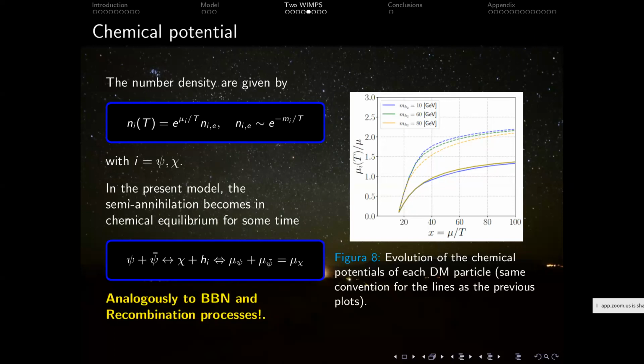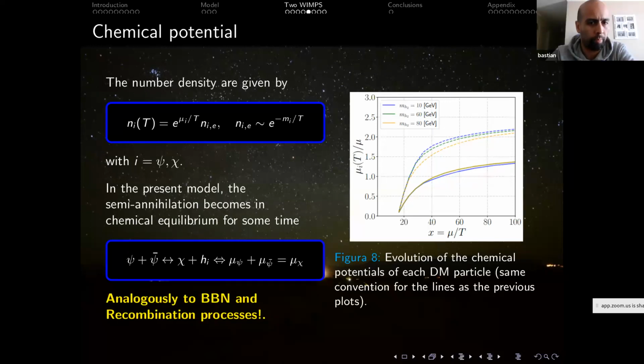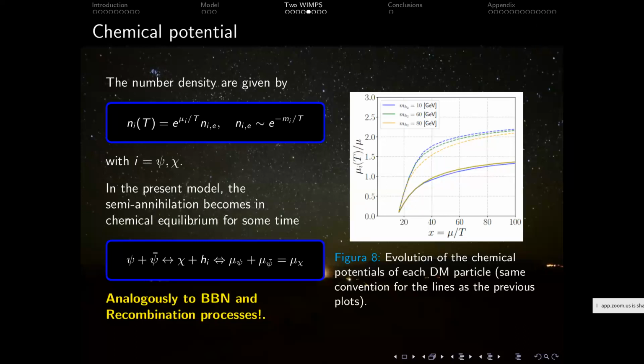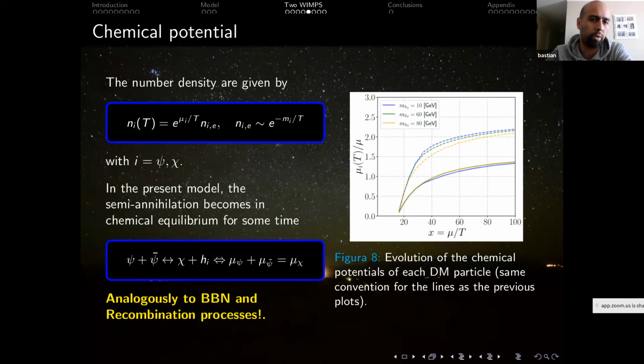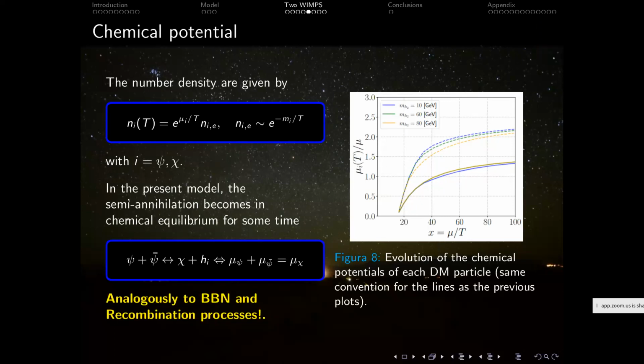That's why you have the exponential of minus m divided by T. The approximation is that T has to be big enough with respect to the corresponding mass. T is below the mass of the particle. Well, then I don't understand.